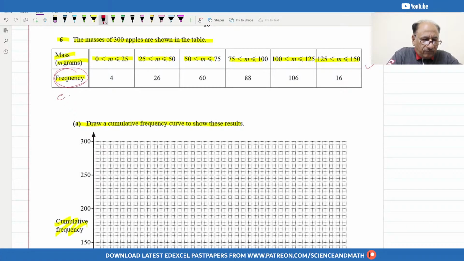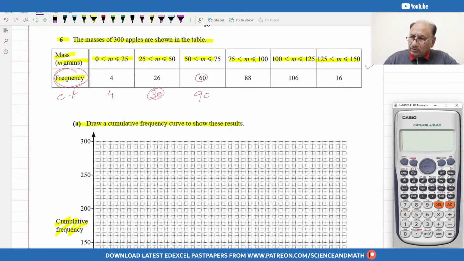So we can add one column for cumulative frequency here, and the first will be as it is, 4, and now 26 plus 4 we will add here, it will be 30, then 30 plus 60, which results in 90, and then 90 and 88 will be added, and we can use a calculator for that.